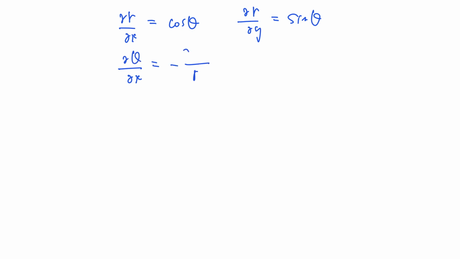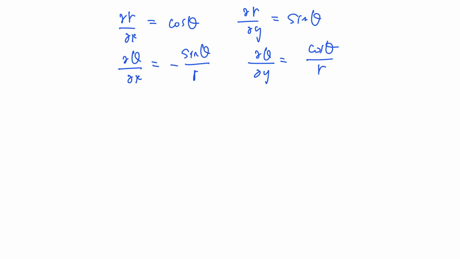So partial r over partial x is cosine theta, right? Partial r over partial y is sine theta. Partial theta over partial x is minus sine theta over r. Partial theta over partial y is cosine theta over r.